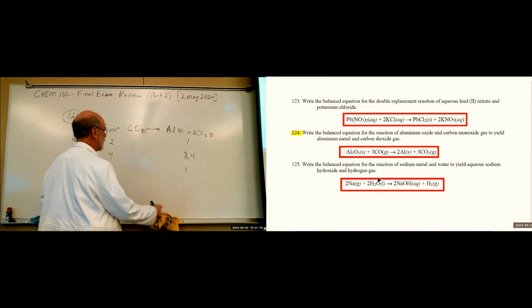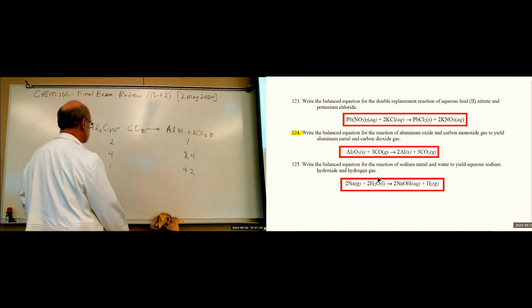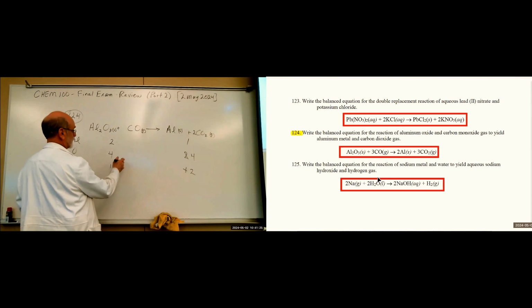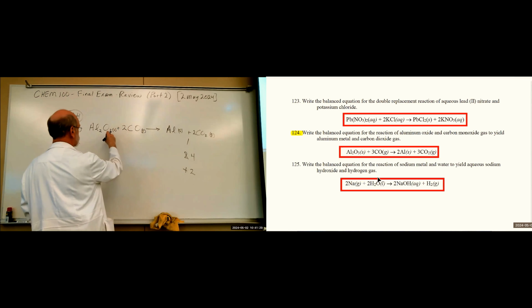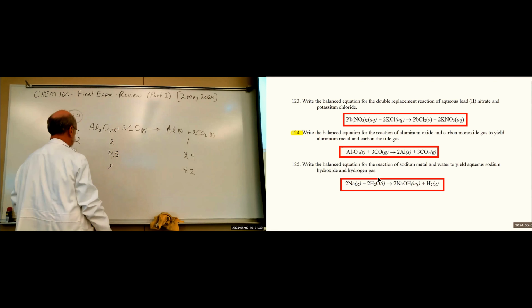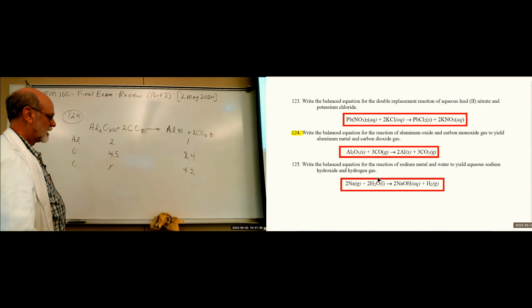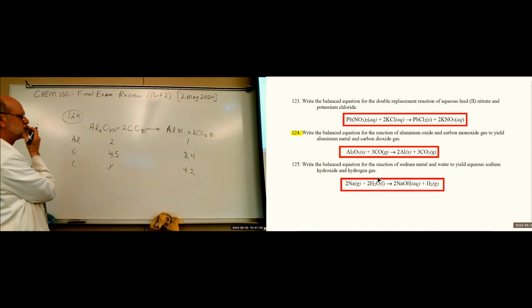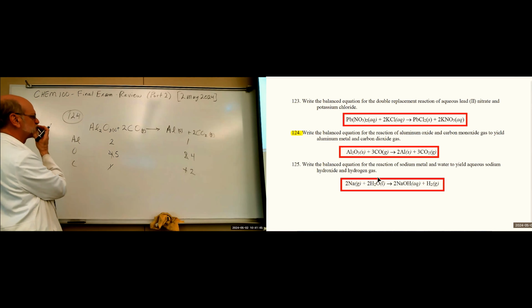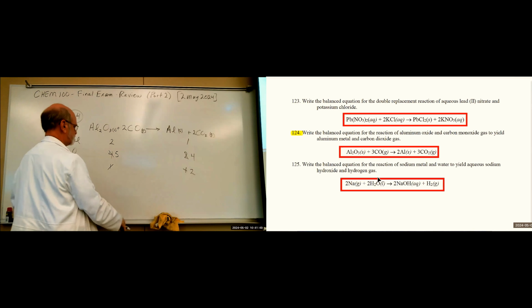Okay. But it also makes 2 carbons. So how do we get 2 carbons out of that? Well, if we put a 2 here and make 2 carbons, that makes 2 + 3 is 5 oxygens. Okay. So we're in a mess again. I'm thinking here.